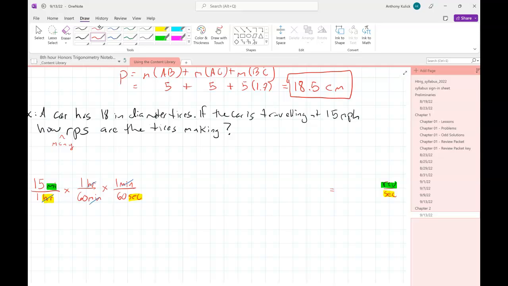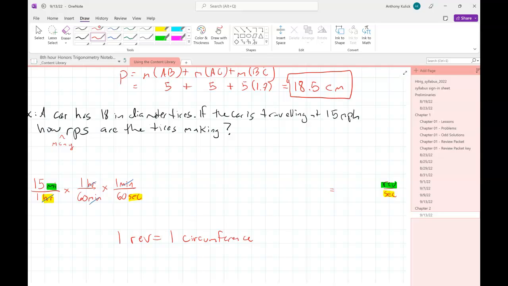How do I go from a linear distance like a mile into a circular distance like a revolution? What's the conversion between linear distance and circular distance? Well, just that one revolution is equal to one circumference.